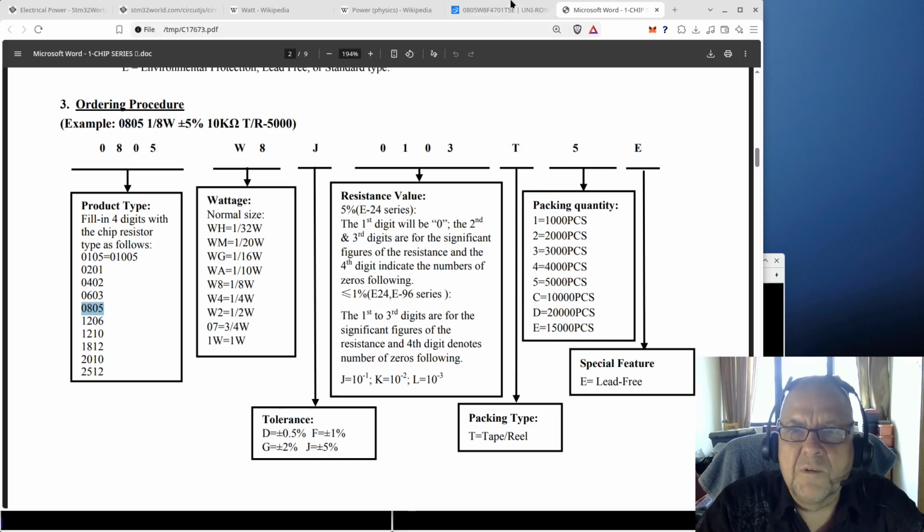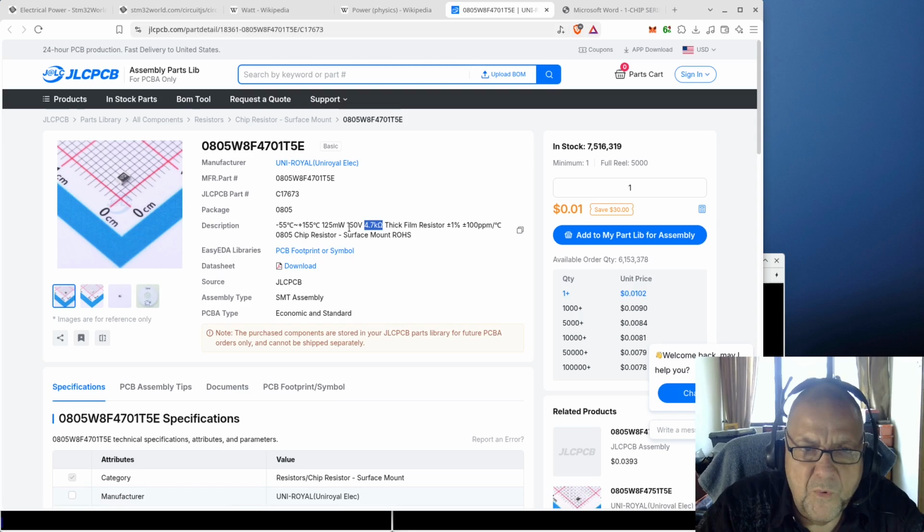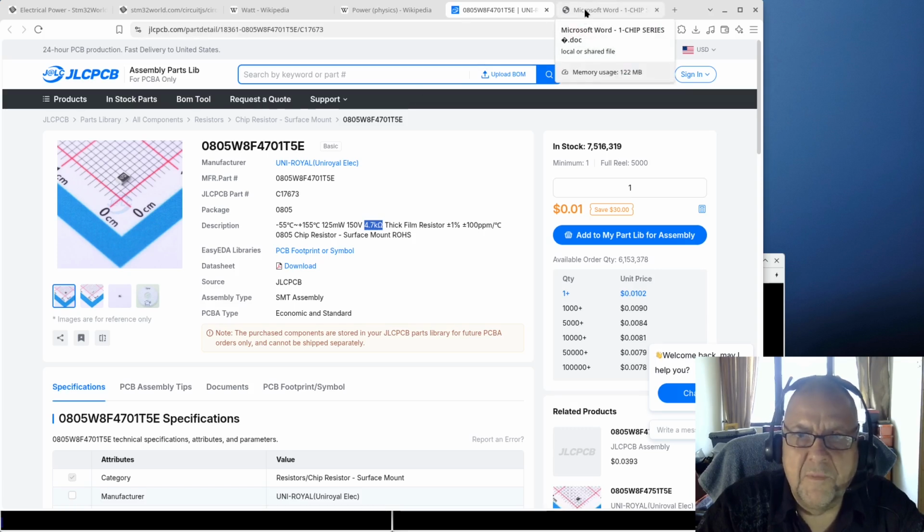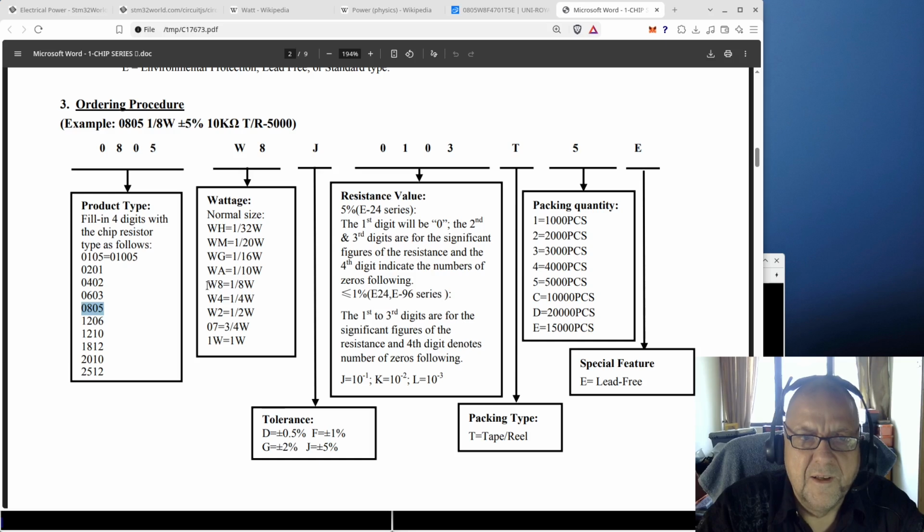And you can see this one was a W8, it's here, W8, and 125 milliwatt they claim here on the LCSC PCB, and you can see in the datasheet that is correct, because it's an eighth of a watt that you can dissipate in this particular resistor.